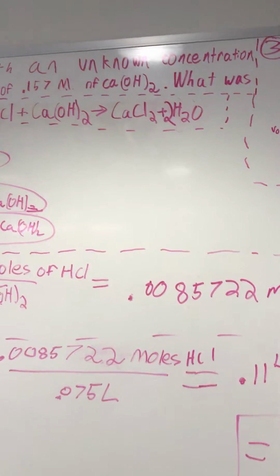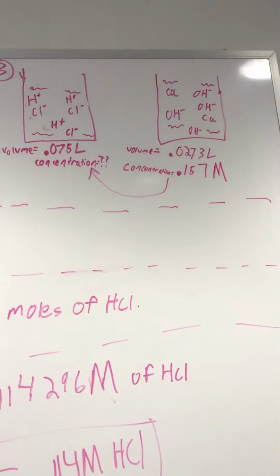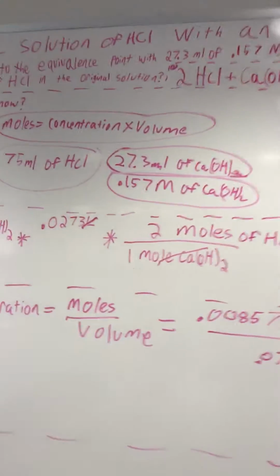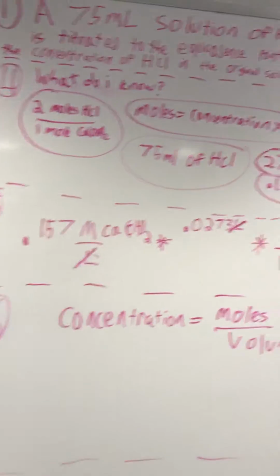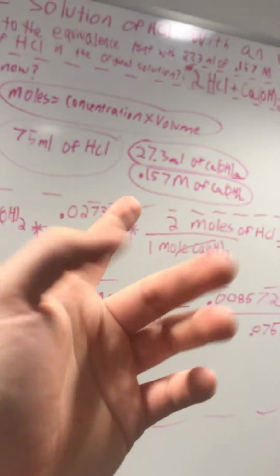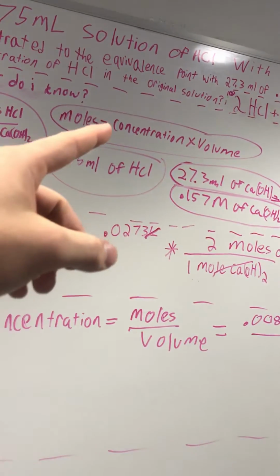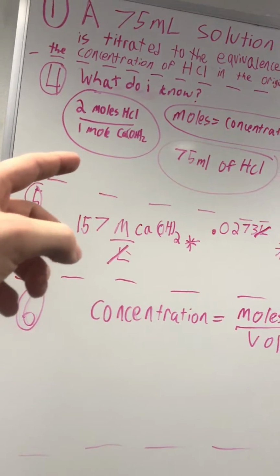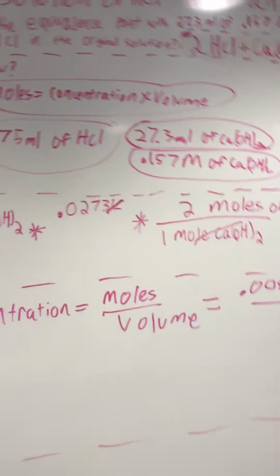After writing down the chemical equation, you need to draw a picture to make sure you understand it, realize that it's being titrated, and know what the question's asking. Write down what you know, which is basically just what the problem gives you, plus a simple formula and something you derived yourself from knowing the chemical equation.